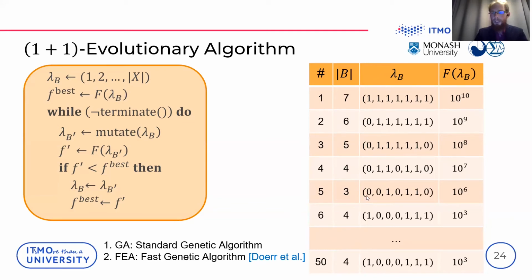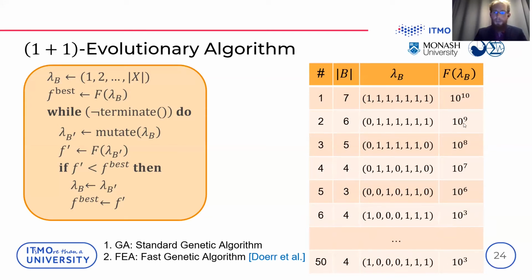For example, here we had 3 variables, and we transferred to 4 variables, but with a smaller value of the fitness function. And then after some iterations, we used up all computational resources and returned this set as the result.